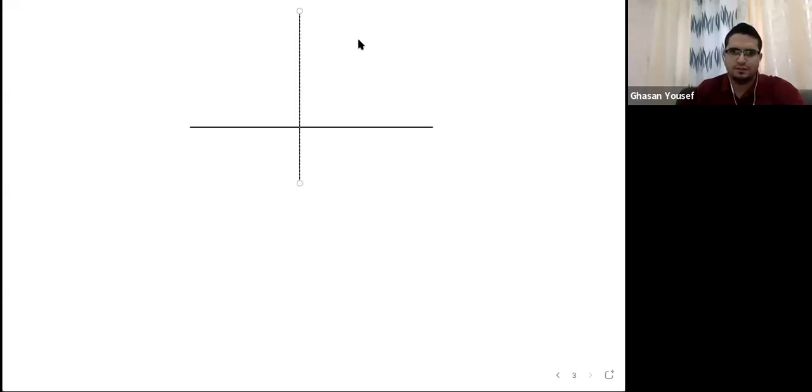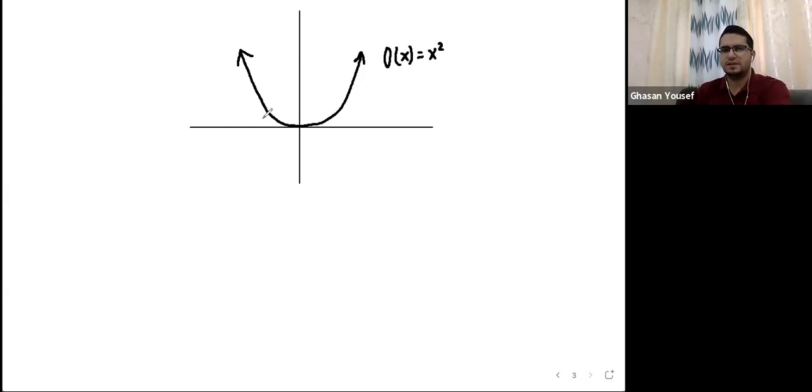Here is the graph of the parabola function of x squared. This is my original function O of x equal x squared.